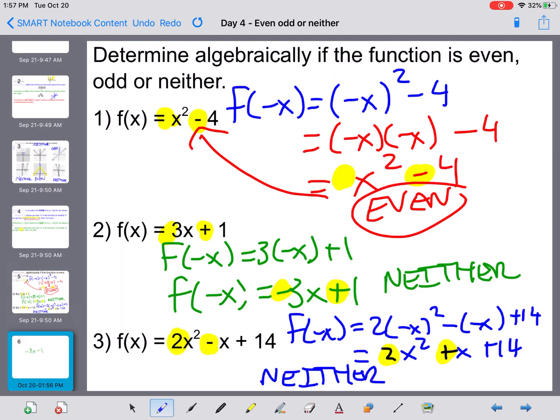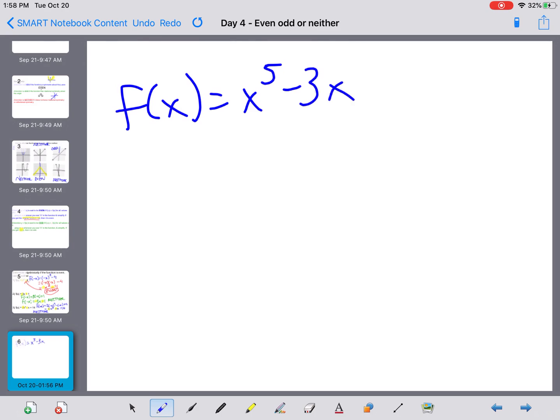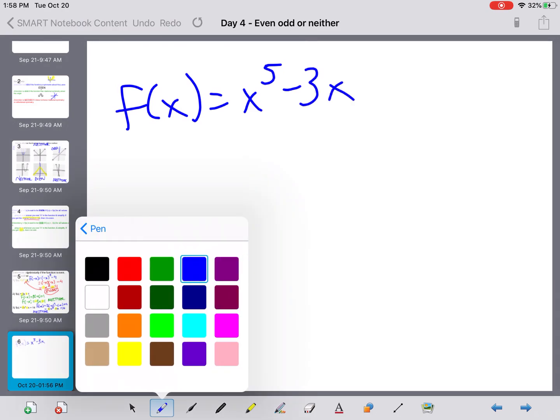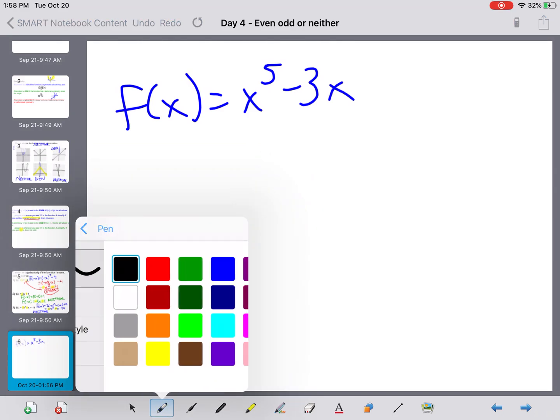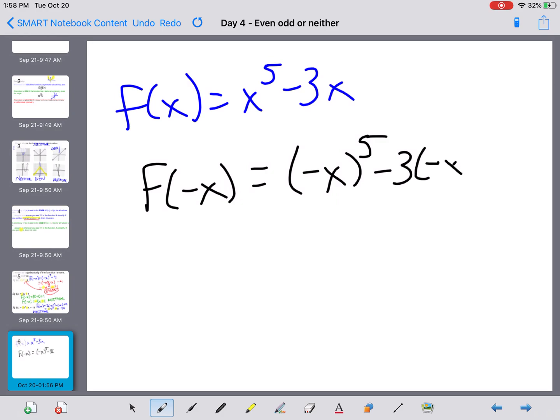Just to show you a quick example of something that we might see as well, if we had f of x equal to x to the 5th minus 3x, we could find f of negative x. Same thing we're trying to show on the last one, if this is even or odd. So we would say negative x to the 5th minus 3 times negative x. And anything negative to an odd exponent is going to be negative.